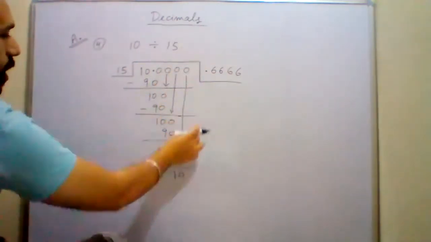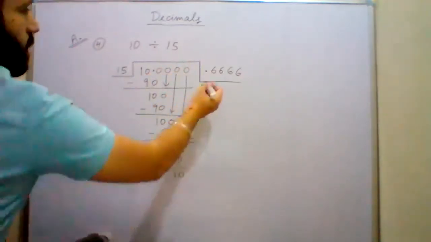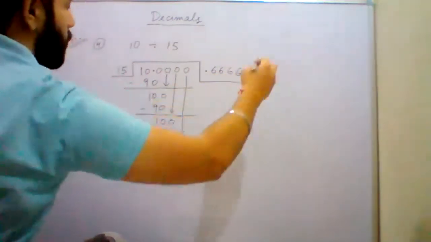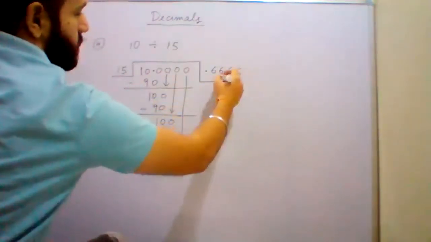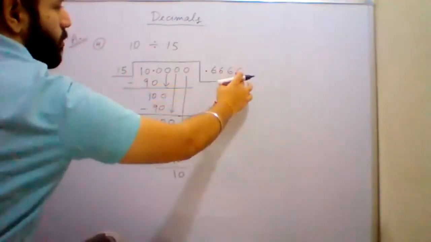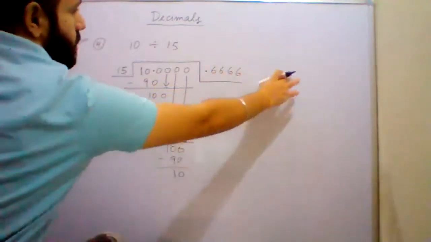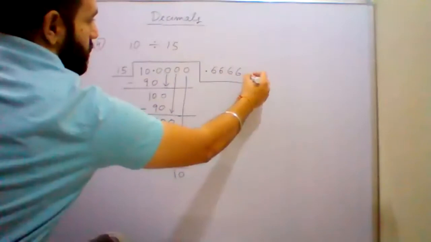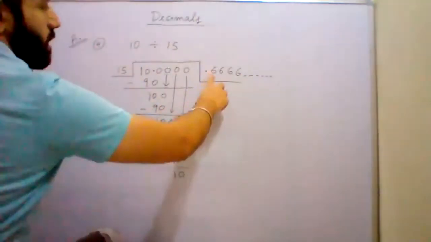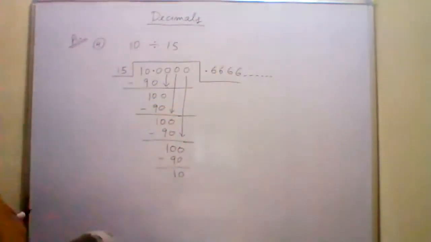If you keep on copying down zeros from the dividend, which we can do, you will keep on getting 0.6666666 and so on. Instead of writing 6 many times, it will continue up to an unlimited number of decimal places. Unlimited number of digits will come. So in this case, we write dot dot dot and so on. This shows that the number 666666 will keep on coming.